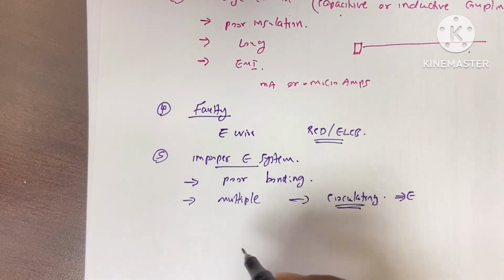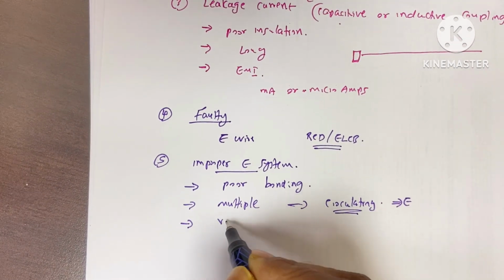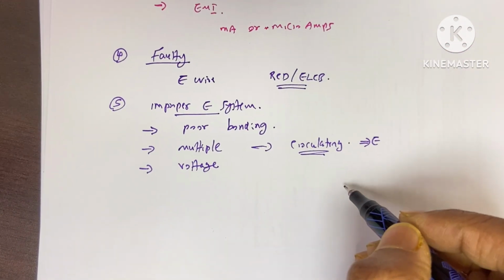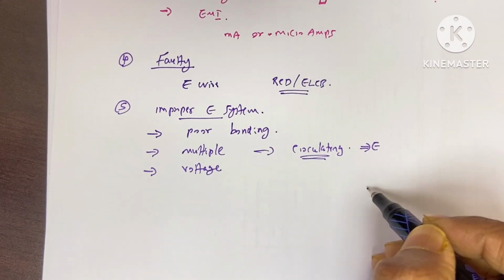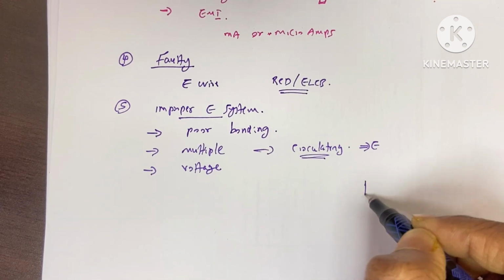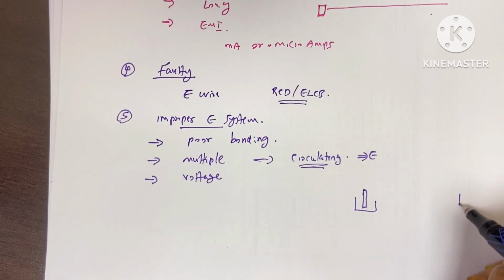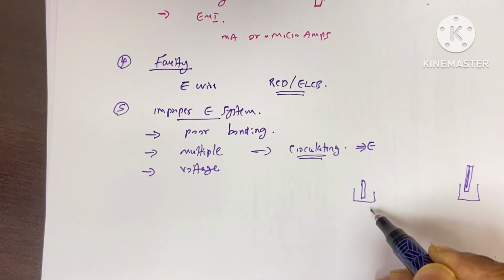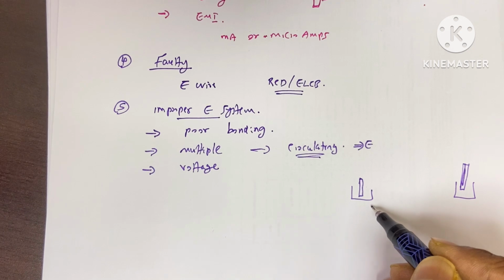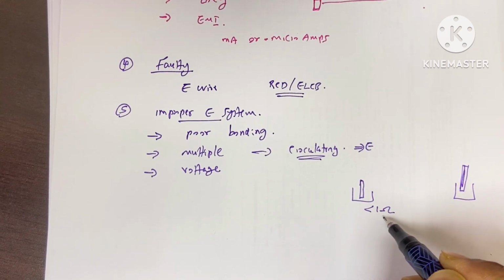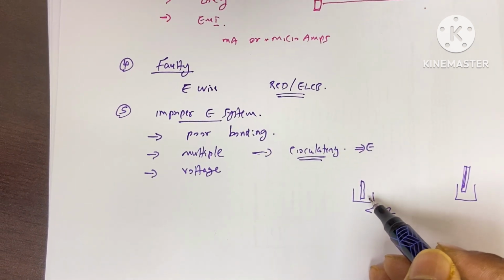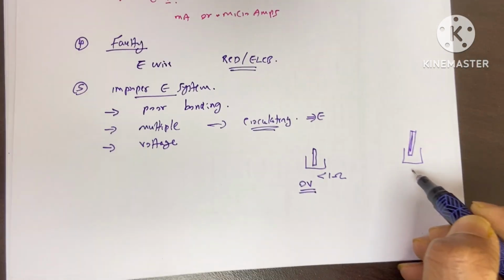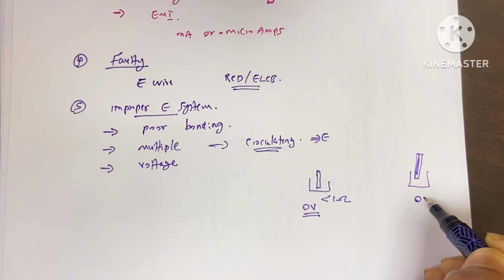And the next one is the voltage difference between your earth rods. We know that we may have more than one earth pit on our premises. One earth pit over here and another earth pit over here. Normally we know that our earth pit has a resistance of less than 1 ohm. It is the recommended value, and its voltage must be 0 volt, and this earth pit also must have a voltage of 0 volt.